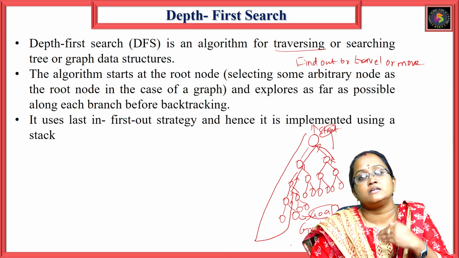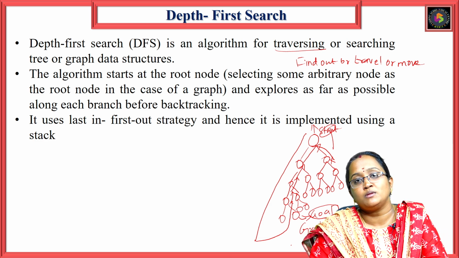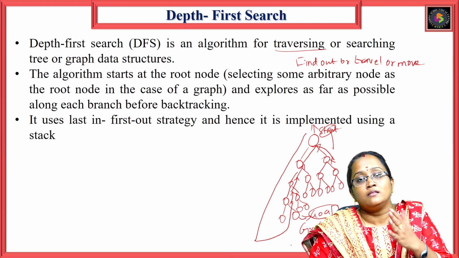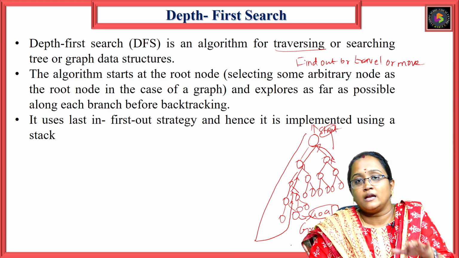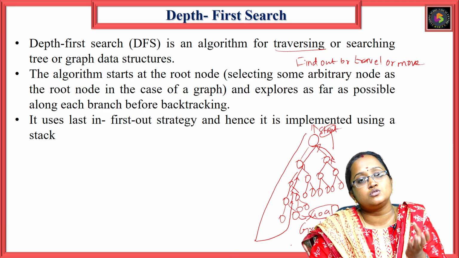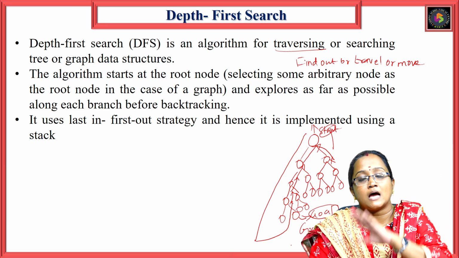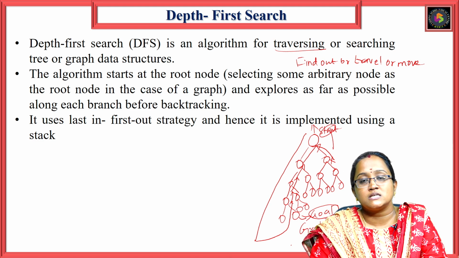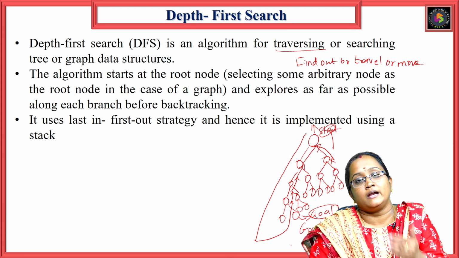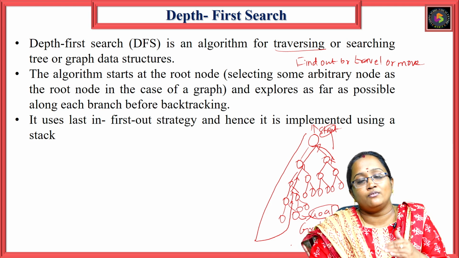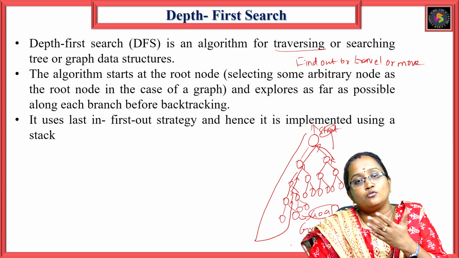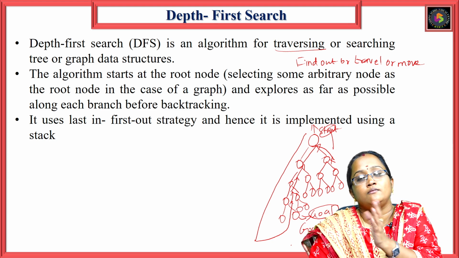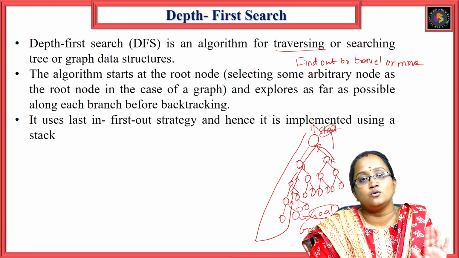Even though it doesn't find any goal node in that depth, it will backtrack to the previous state. If it is not able to find the goal in one complete subtree, it will move to another subtree and start the same procedure until it reaches the goal state.